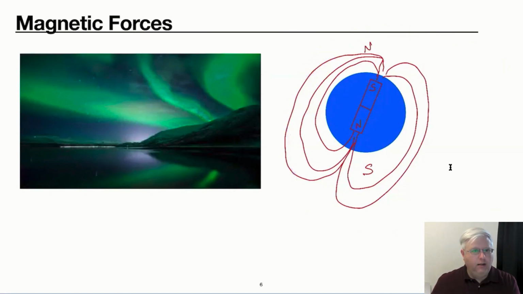But occasionally there are some particles that get caught in the field, and they find their way. They kind of get pulled toward the poles. All right, and so that's why it's easier to see this effect near the north and south poles of the Earth, as opposed to somewhere further toward the equator. And so that's pretty cool.